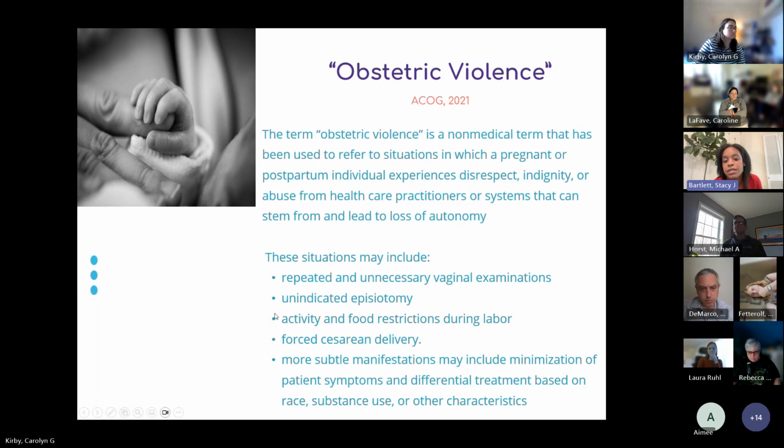Some examples of that: repeated vaginal examinations, episiotomies when they're not necessary, overly restrictive labor conditions imposed on our patients, and cesarean delivery that is felt to be compelled and forced. And then there are more subtle manifestations, like telling patients that the symptoms they're having are not that big of a deal, and certainly any kind of differential treatment based on any category: religion, sexual orientation, gender identity, substance use, race.